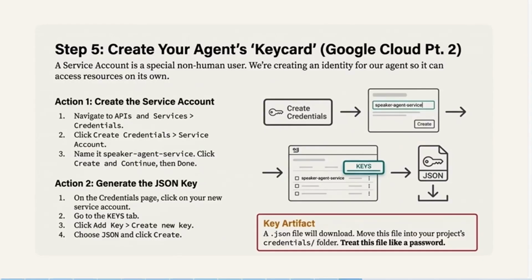This is the key artifact. Think of it as a key to your house. In order for someone to get into your house, they have to have a way to get in, and that normally is a key, right? That's what you're building right now. You give the agent the key to your Google Drive so that it can search for your past talks if they're stored in Google Drive.